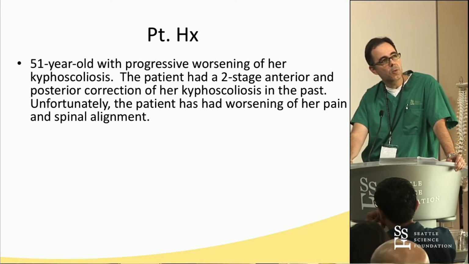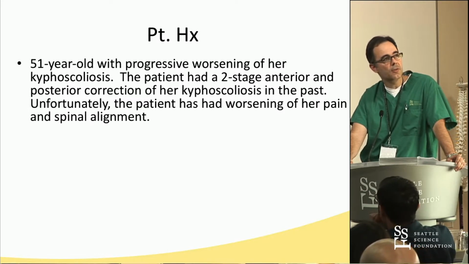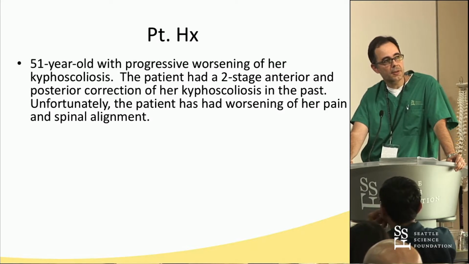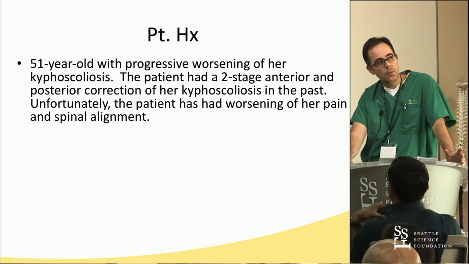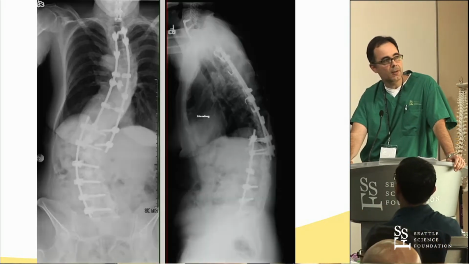This is a 51-year-old with a progressive worsening of kyphoscoliosis. She had a previous two-stage anterior-posterior correction of her kyphoscoliosis, but she had worsening pain and worsening spinal alignment.